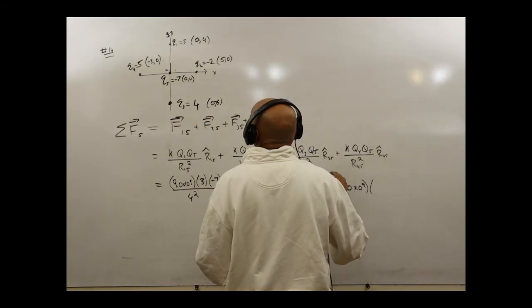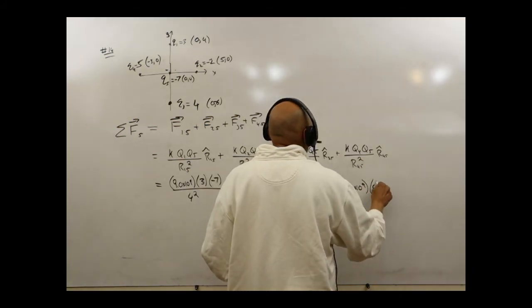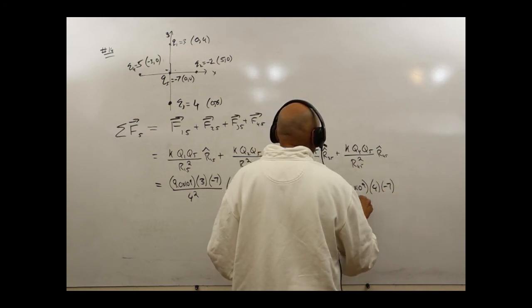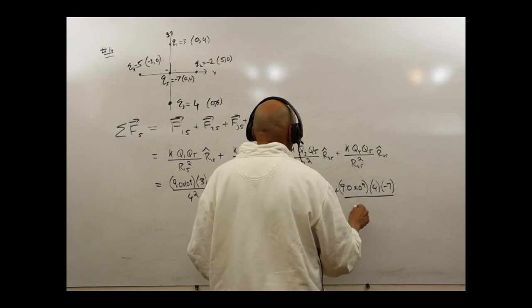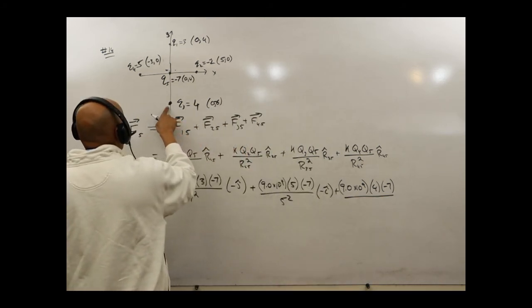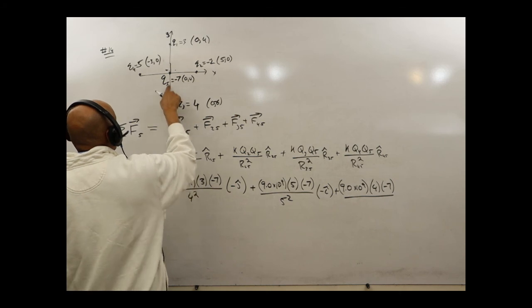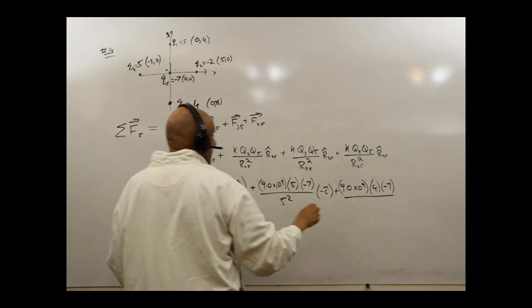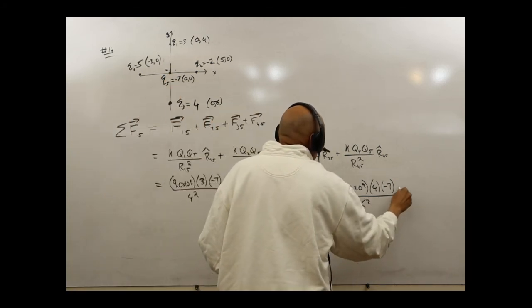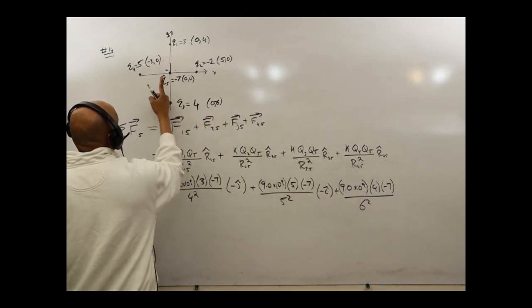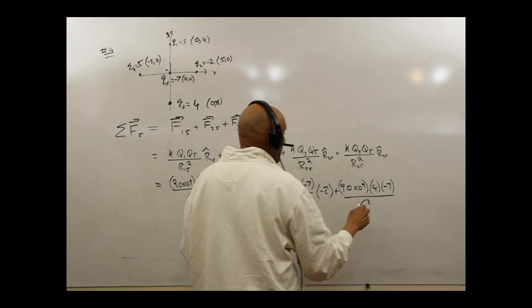Q3 is 4 times -7, all divided by the distance from Q3 to Q5. It's at -6, so that distance is 6 units, so this is 6 squared. And the directional vector pointing up, from Q3 toward 5, is j.